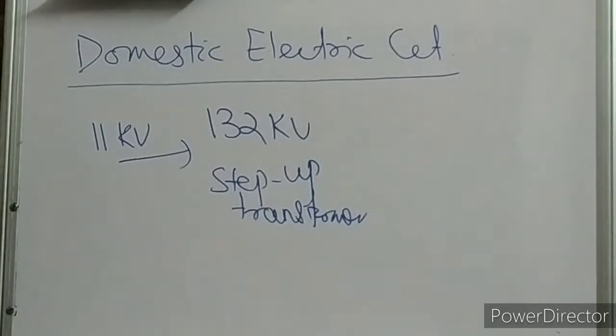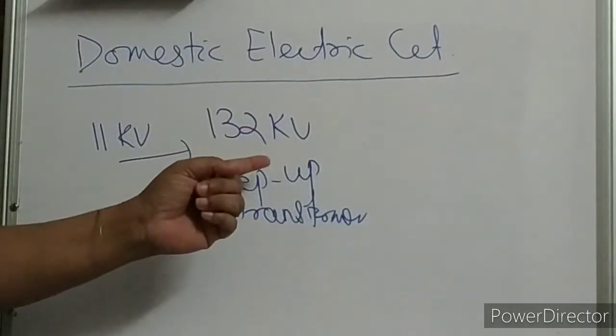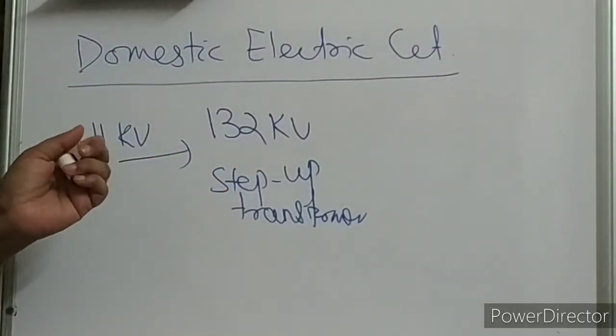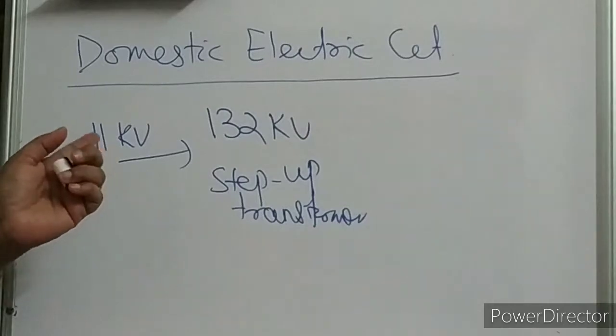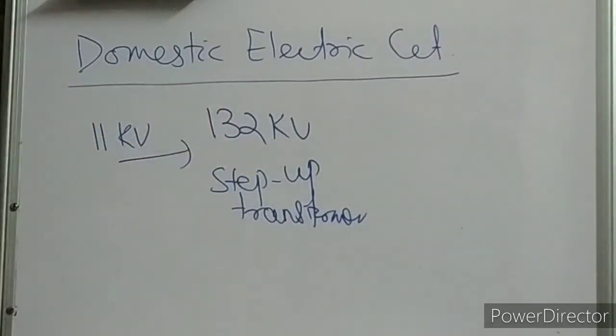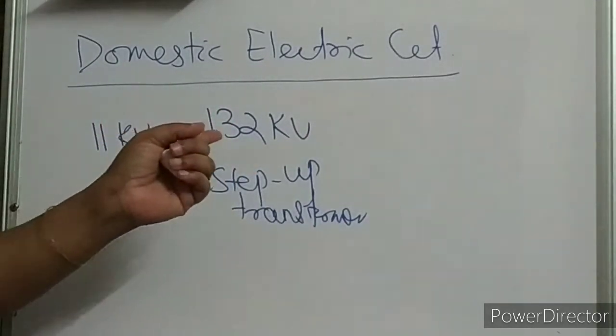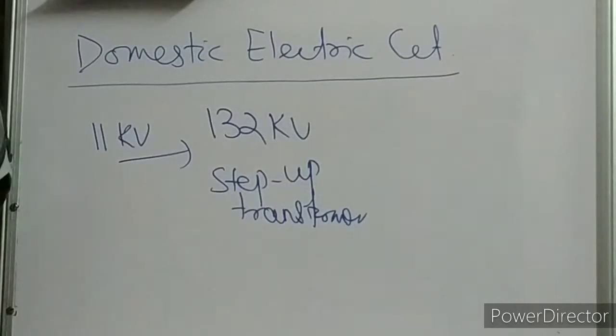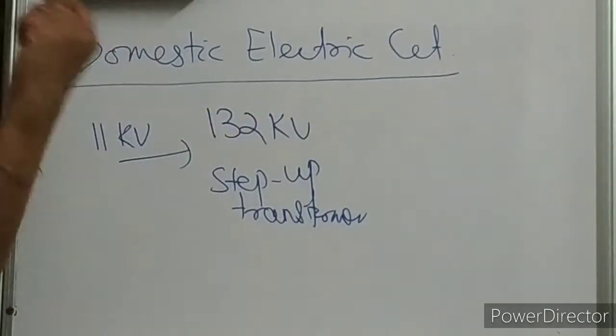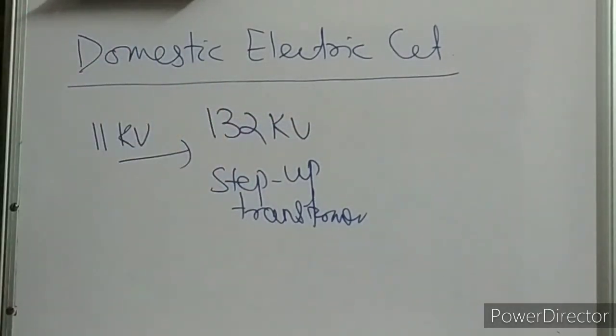So electricity generates at 11 kilovolt, then we step up at the grid substation to 132 kilovolt. But what is the need? Why are we doing this?